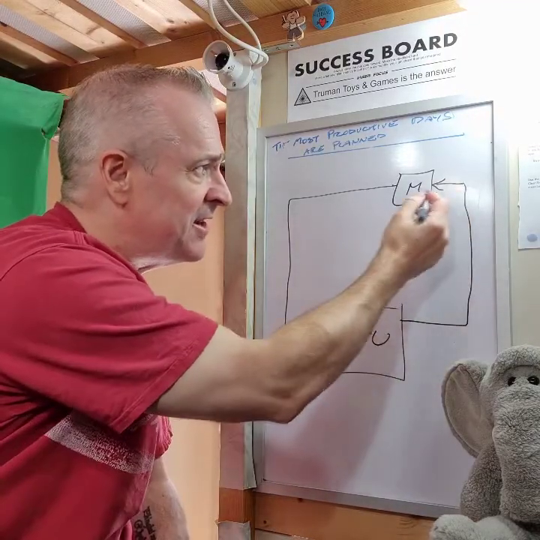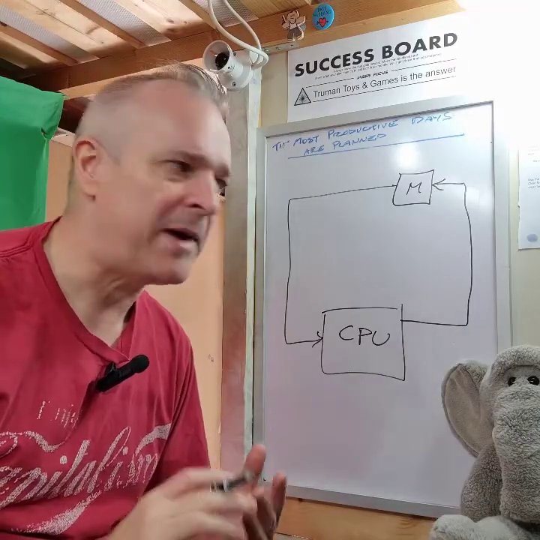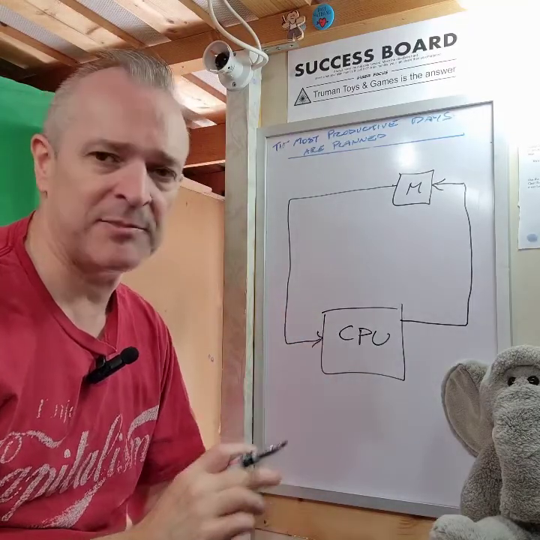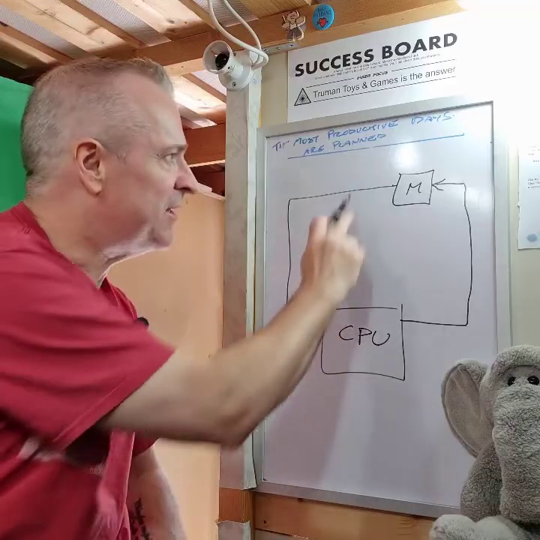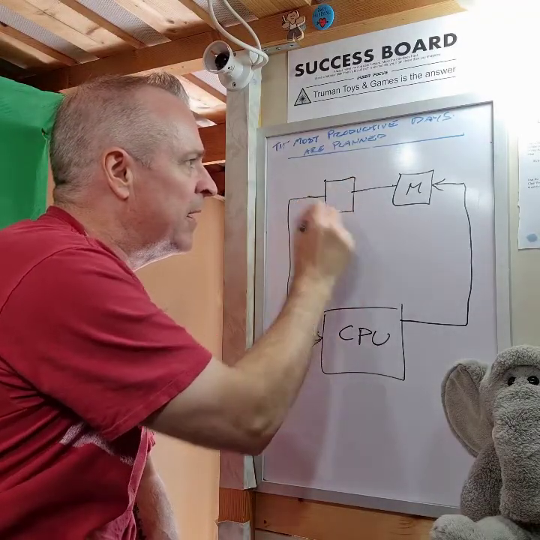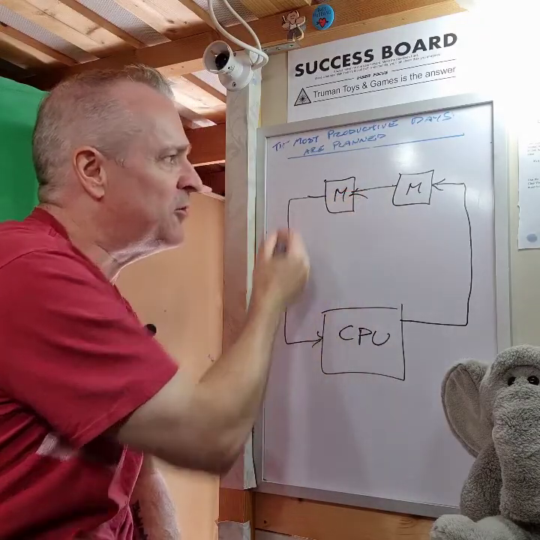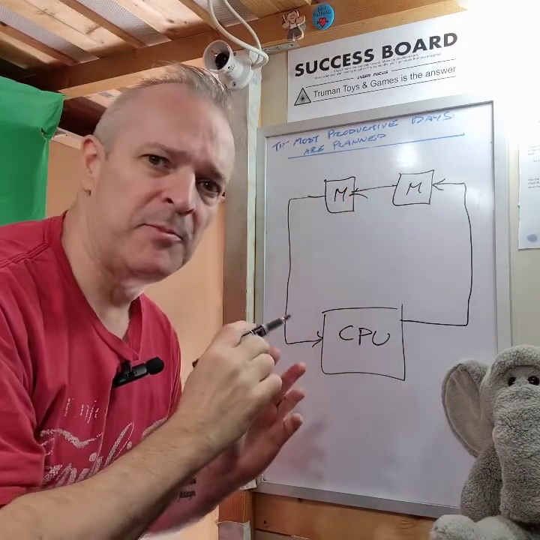It says, send me this data, and then data comes back. Now, the nice thing about these particular memory chips is you can daisy chain them. So you can put a second one on, and the data goes in, through another memory, and then it comes out and goes to the next one.